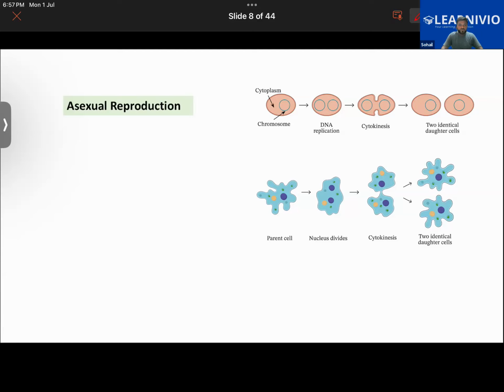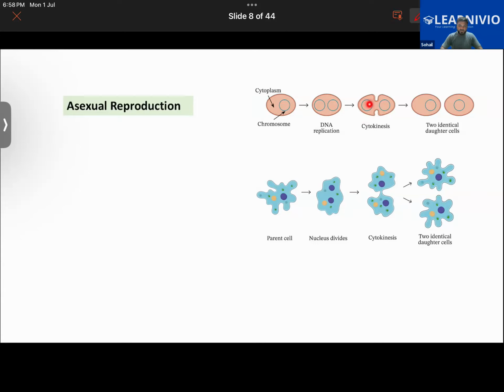Asexual reproduction involves only one parent whose DNA is exactly copied to the new organism. For example, with one organism, the DNA would replicate, and furthermore all the parts of the body, like the cytoplasm and the nucleus found inside the cell, would be copied. The circle inside is the nucleus.